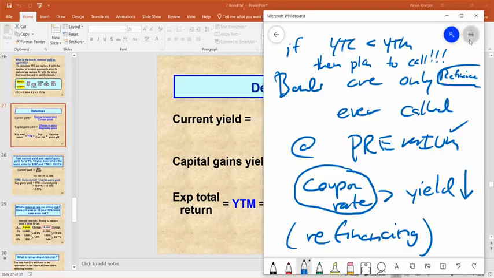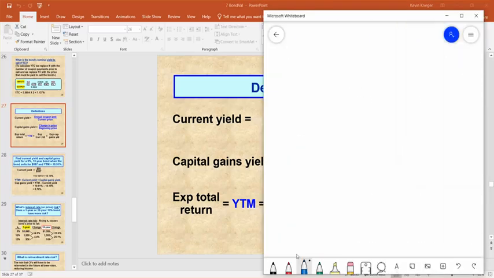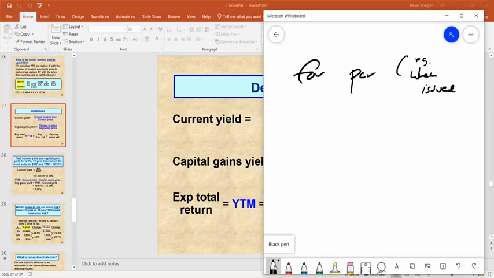Now, as a quick aside, and it's something that's sometimes asked as a concept: for par bonds, for example, when newly issued, the yield equals the current yield, which is a fancy way of saying all of the money you expect to make from investing comes from the coupons.